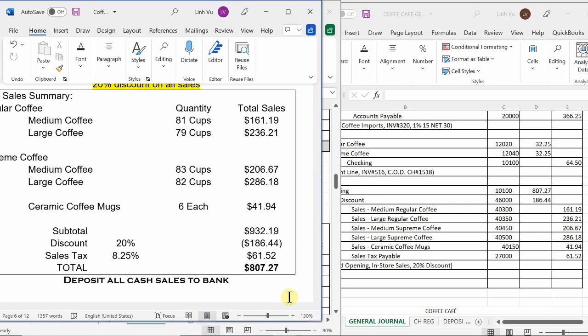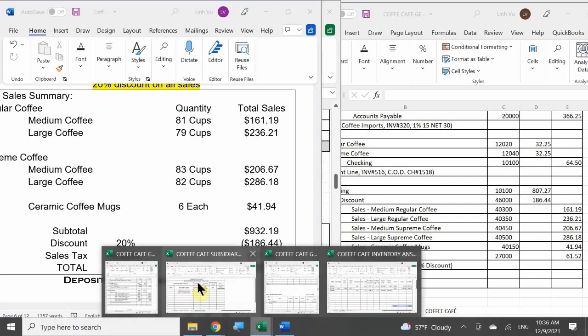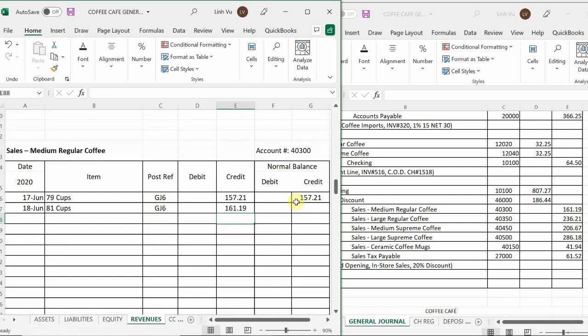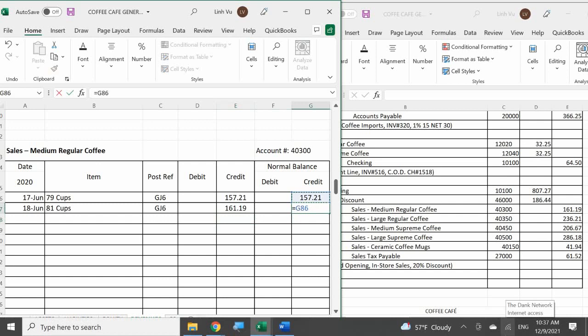We sold 81 cups. I think it was 161.19. Okay. So then what is our total ending balance in my medium regular cups? 318.40. Okay.